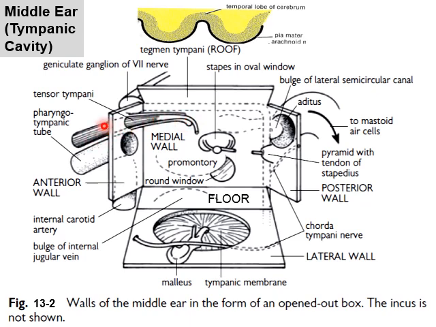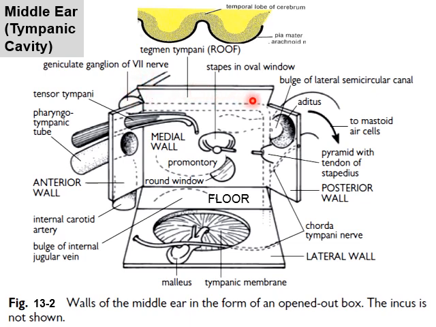From its name, it's a muscle that's related to the tympanic membrane, and it tenses the tympanic membrane. Lastly, it is related as the junction between the anterior wall and the roof. The geniculate ganglion of the facial nerve is located there.